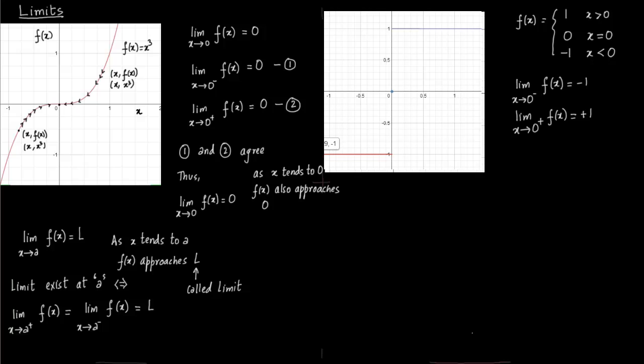Now let us see this by a sliding scale. Again, you see that the first coordinate x is changing, but the second coordinate is fixed at minus 1. So you can see f of x is just minus 1 if you approach 0 from the negative side.